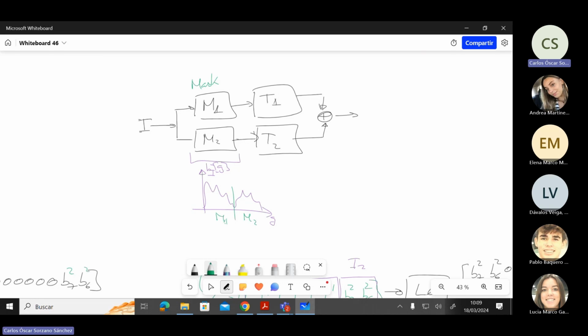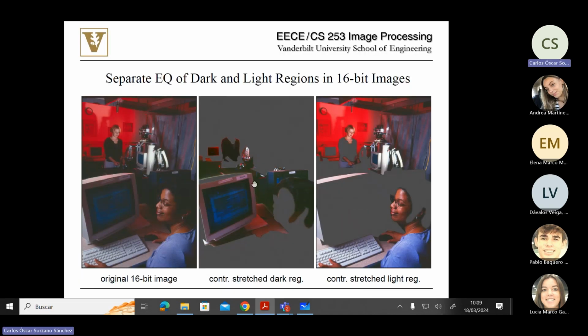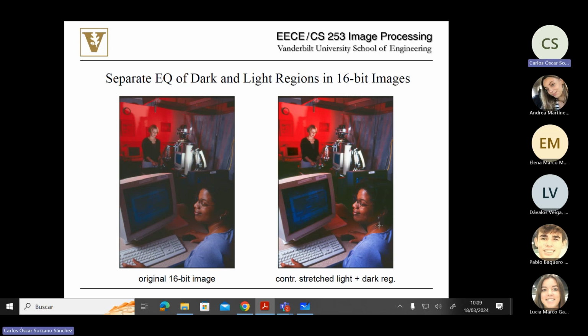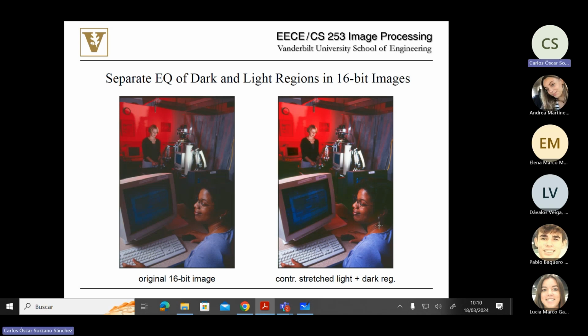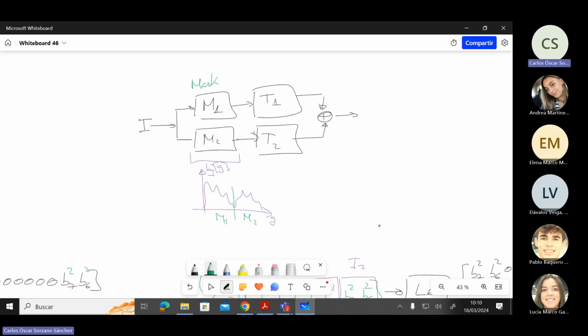All the pixels with these gray values go through mask two. Then you apply two different transformations and then you add them. We apply a transformation to the dark pixels, another transformation to the bright pixels, then you add the two, so you have the benefits of both. Now you see that you can be very creative about how you treat your images, and how you construct your systems.